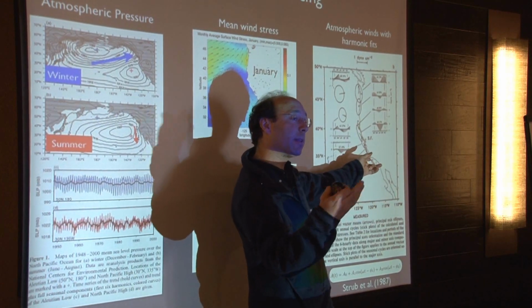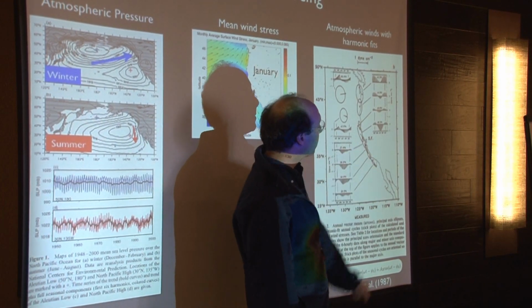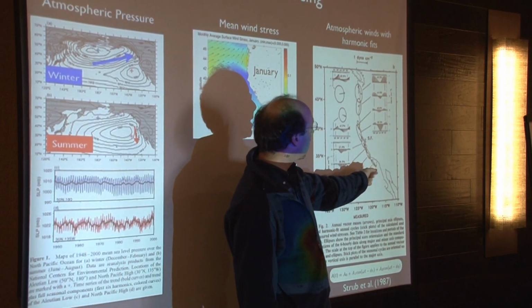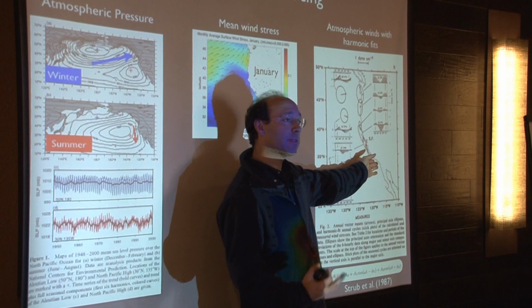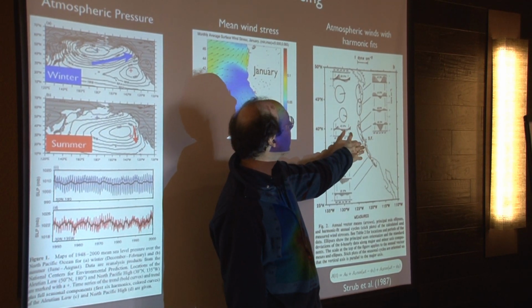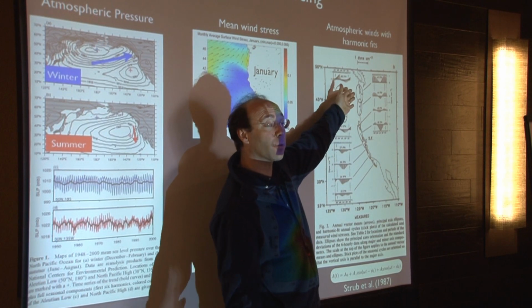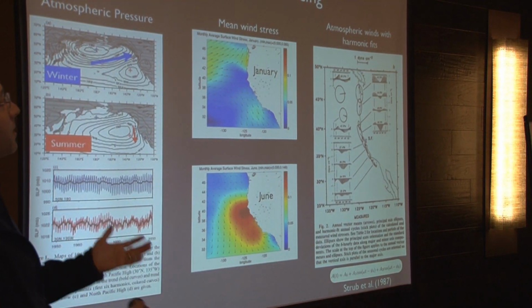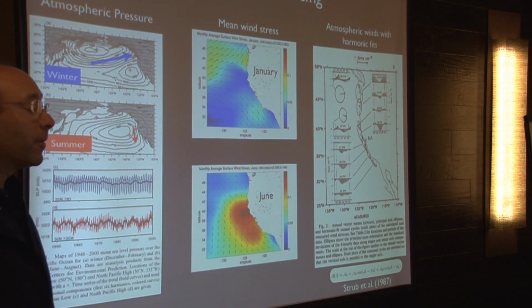And this helps to explain some of those biomes that Francisco was talking about. There really are different regions of the California current. The Southern California bight has very different wind stress patterns than the Central California region, and the Pacific Northwest, of course, as well.